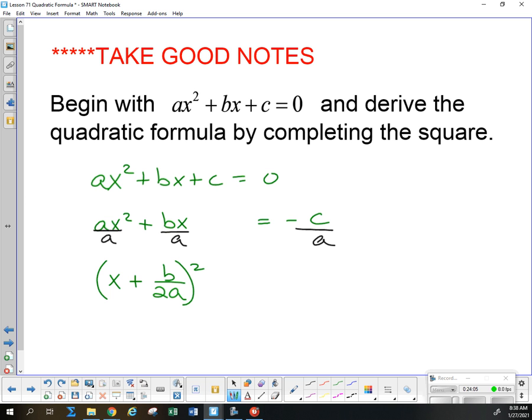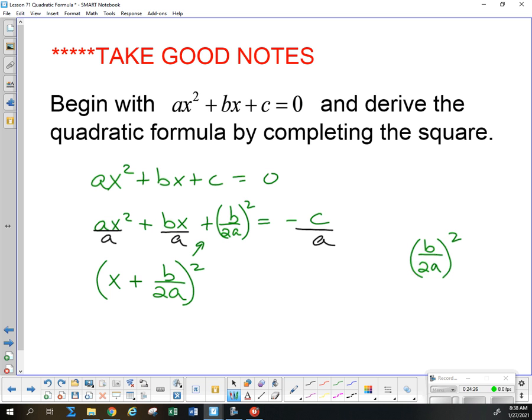Okay, then what needs to go in here is going to be b over 2a squared, right? So we can write that right here as plus b over 2a all squared.